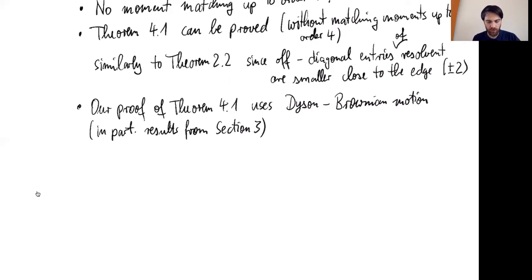This is commonly used in random matrix theory to prove many kinds of universality questions in different aspects. So yeah, this I want to say now.